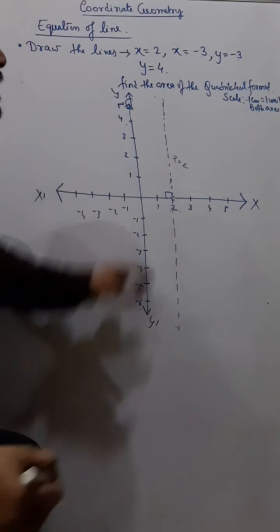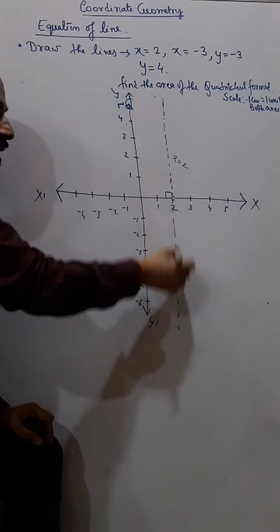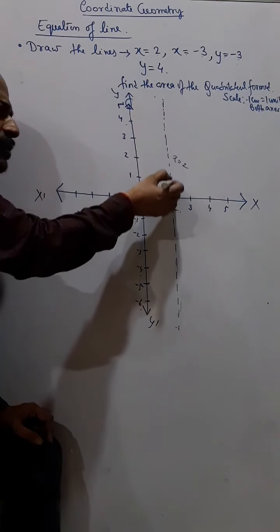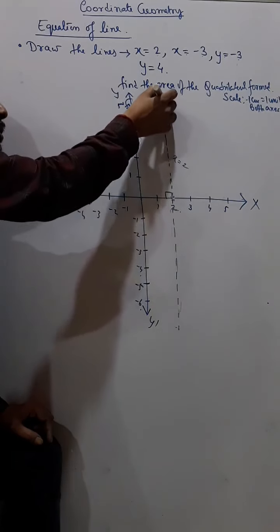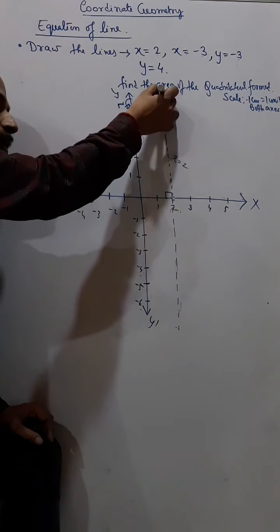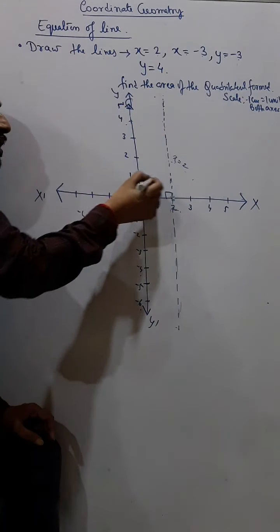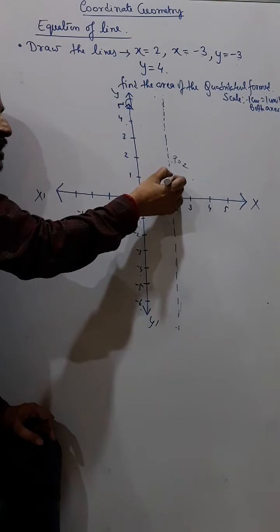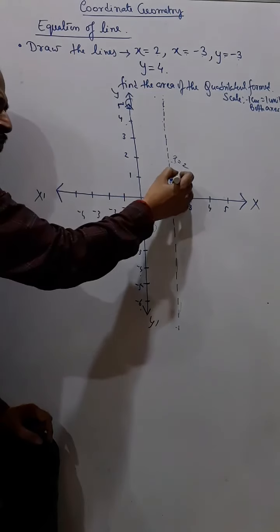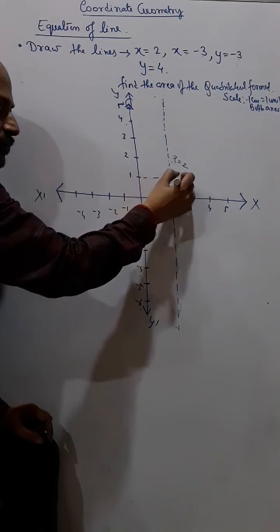Now you can ask, sir, why is this x equals 2? Try to understand. On this line, wherever you go, the value of y will change, but the value of x will always be 2.